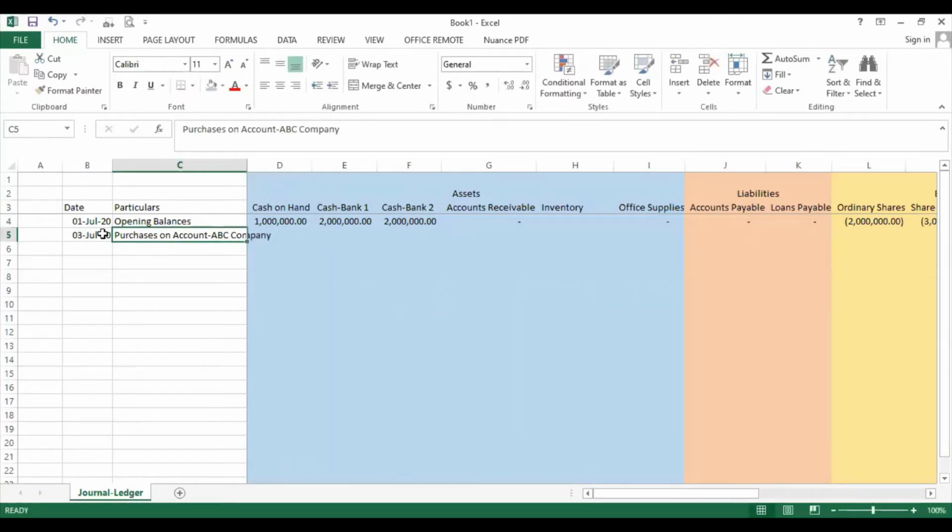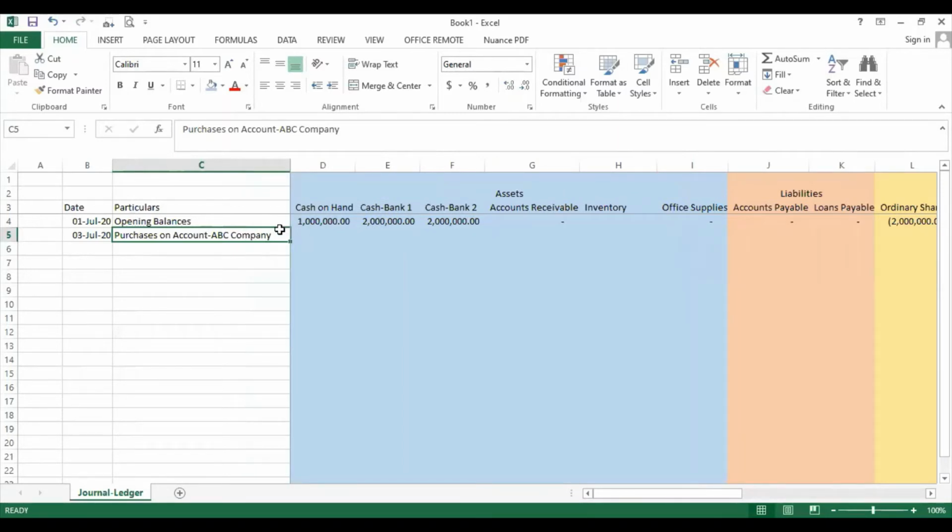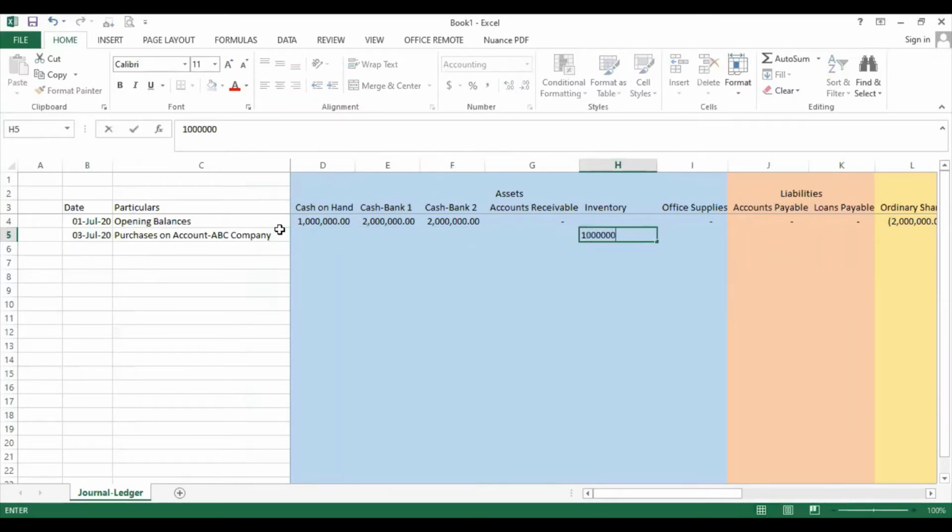Then, if we purchase, say 1 million. So just now we said, if it's debit, it's positive. So our inventory will increase by 1 million, and our accounts payable will also increase by 1 million.